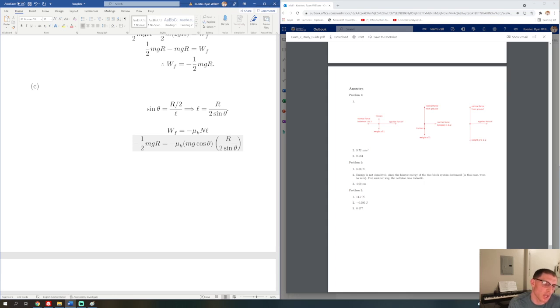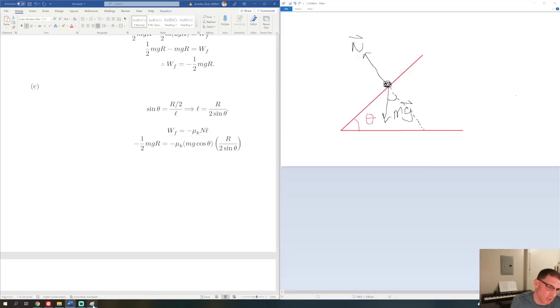So just make sure you're taking your time, and whenever you write down explicitly what the work is that's being done by a force, make sure you have a force times a length when it comes down to it. So work done by friction is equal to friction force times distance times cosine theta. The friction force is nice in this case because I can just use the diagram I had from before.